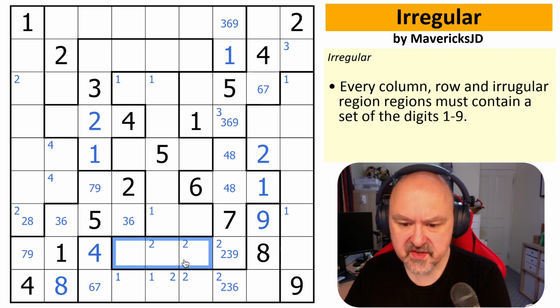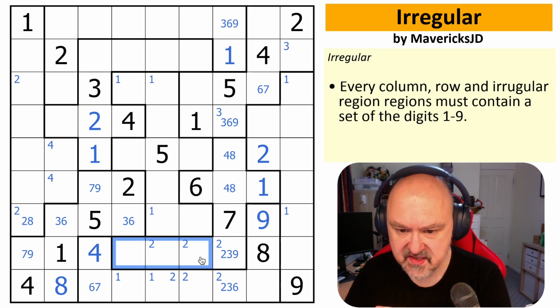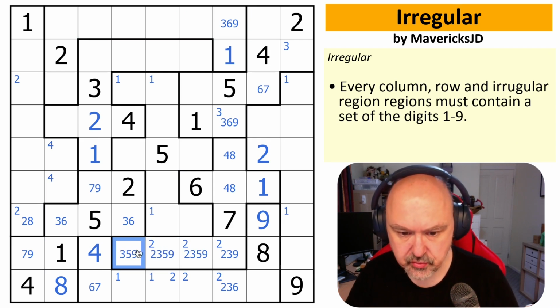Hang on, this is now a quad, because these have to be the 4 digits that aren't in those 5. So this is 2, 3, 5, and 9. So these are 2, 3, 5, and 9. That's not a 2. So if these are 2, 3, 5, and 9, I can take 5 out of there.